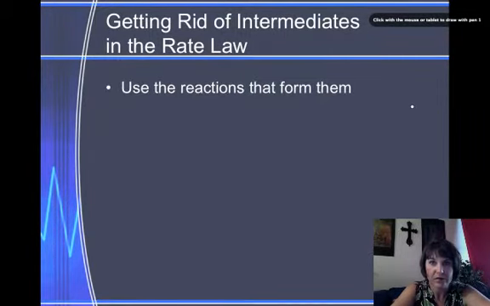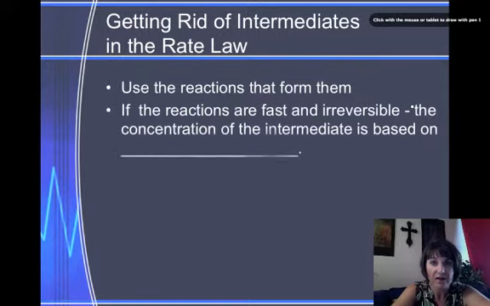So what do we do in the rate law when we have an intermediate? We can't keep an intermediate in the rate law because there's no way you can measure its concentration for the rate law to be experimentally determined. So we use the reactants that form those intermediates if an intermediate is in our slowest step.